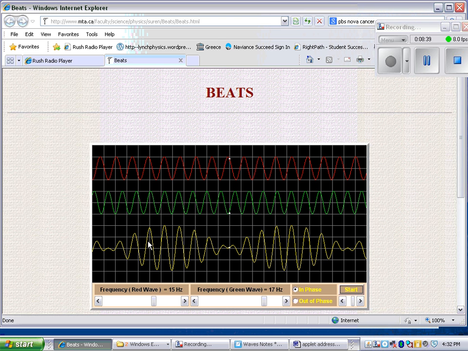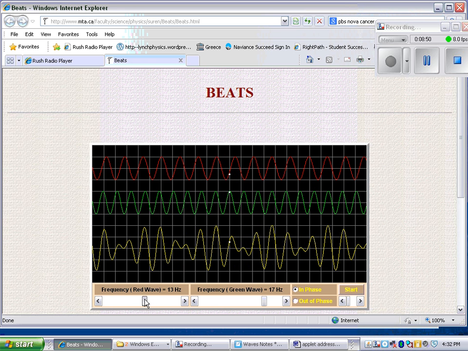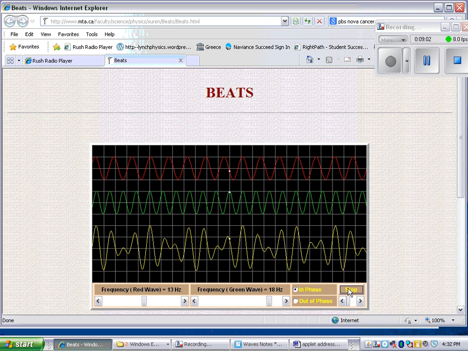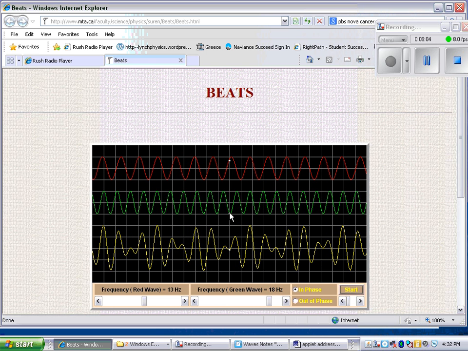Now I can change the frequency of the beats by changing the frequency of the waves. So if I make them farther apart, the frequency of the beats increases. So the beats come more quickly. So if I start it right here, they are out of phase.